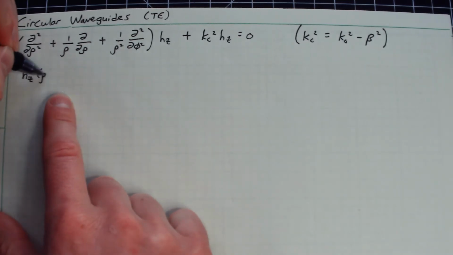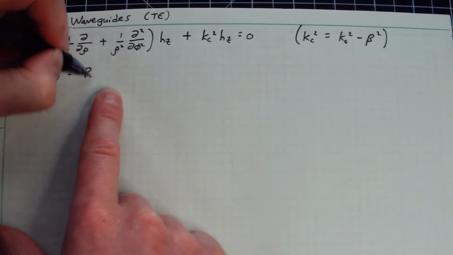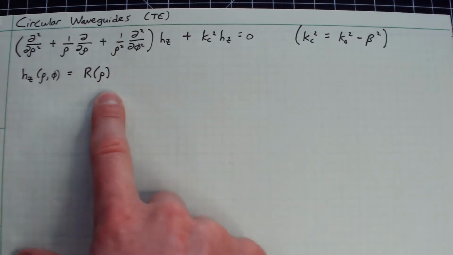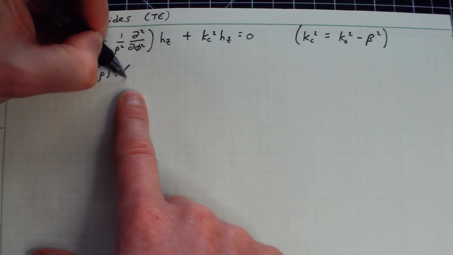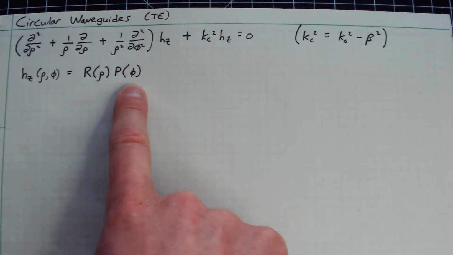H sub z of rho, phi is equal to some function of rho, R of rho, that's my radial function, and then I will have this other function, P of phi, a function of phi.